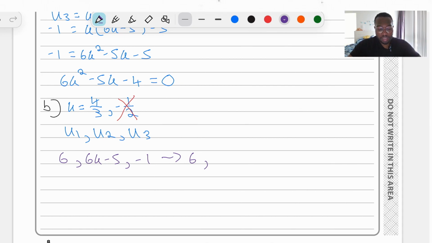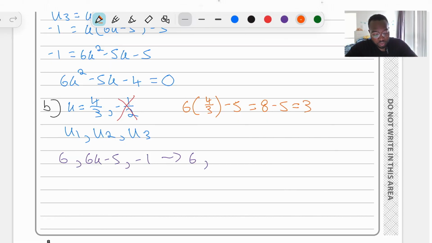So 6 is here. Then if you do 6 times 4 over 3, minus 5, okay? It's 6k minus 5. If you work this out, you would get 6 times 4 over 3, that is 24 over 3, so that is 8 minus 5, and that is 3, okay?